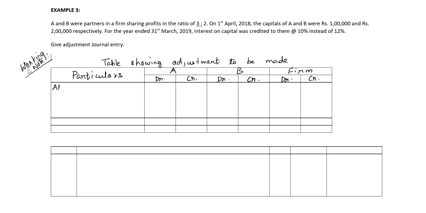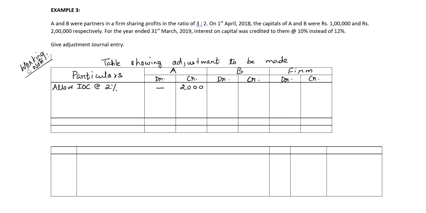So we'll rectify the error by allowing IOC at 2%. For allowing IOC, we need to credit the partner and debit the firm. 2% on capital of A 1 lakh is rupees 2000.